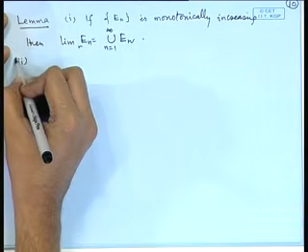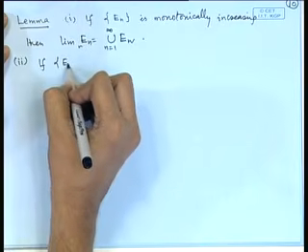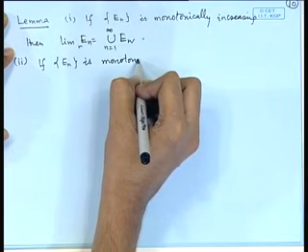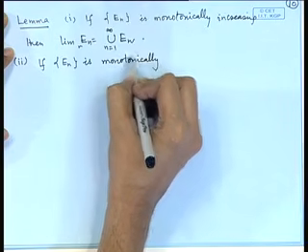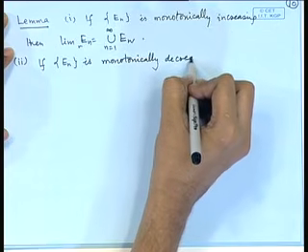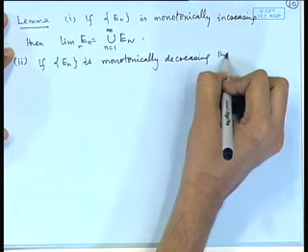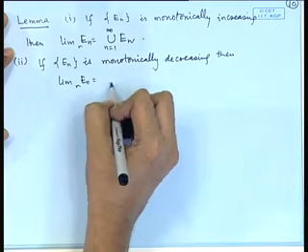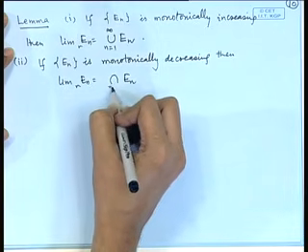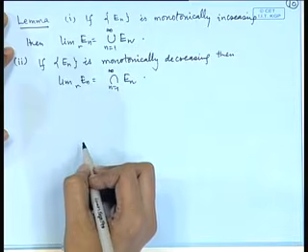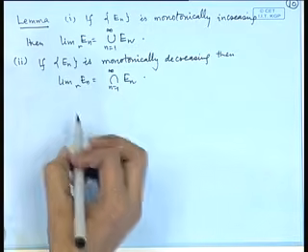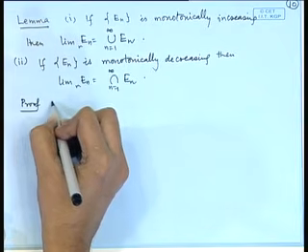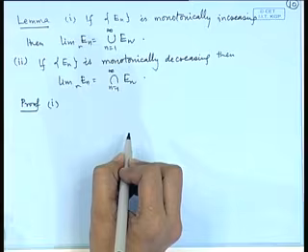In a similar way, if E n is monotonically decreasing, then limit of E n is the intersection of the sequence of sets E n.